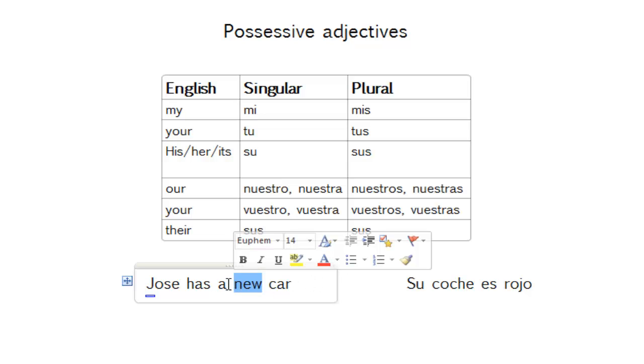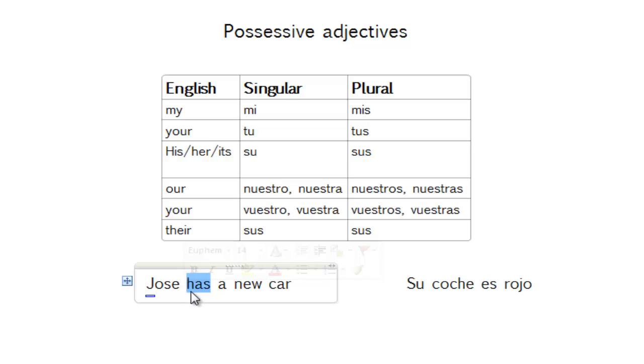Okay, there's a little side thing here. When you use have, which is tener in Spanish, and it's one of those irregular verbs. Yeah, it's the Austin Powers verb. Yeah, baby, and it's third person. Tiene.